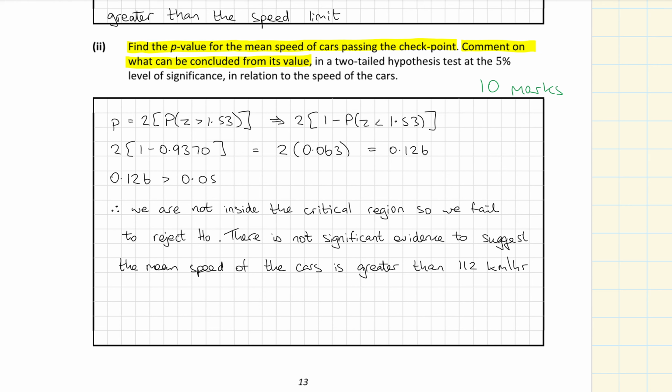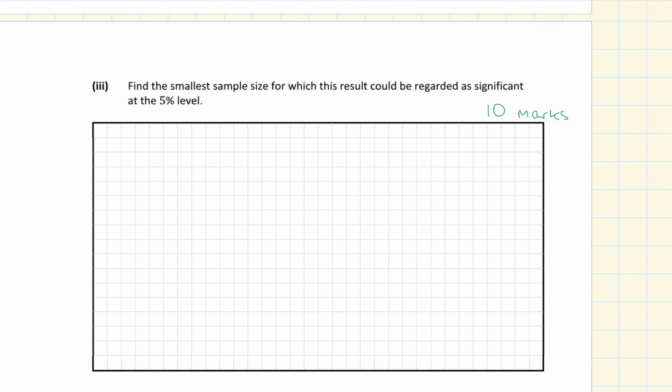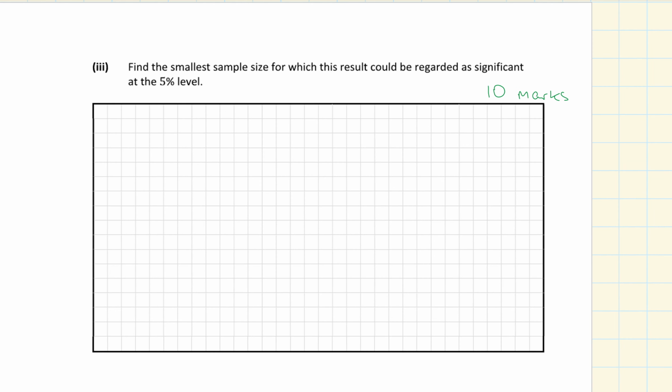Okay, so part 2 is done for 10 marks. You carried down a lot from part 1, which is useful. And our last one then: find the smallest sample size for which the result could be regarded as significant. So we're back to the test statistic again. We have our Z score, but this time we won't know n.